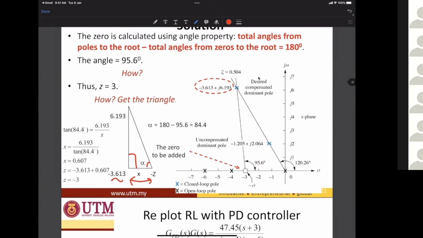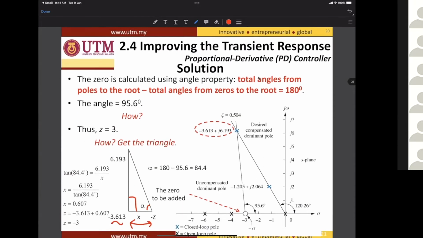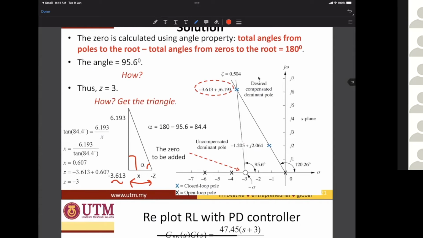So tangent 84.4, okay, which is equal to 6.193, okay, divided by x, okay. So actually this one is alpha, okay. Alpha is 180 minus 95.6, which is 84.4 degrees.